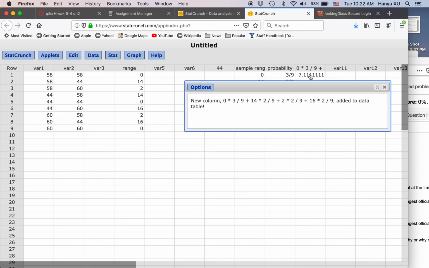So this will give you 7.11, which is shown as a new column here. So this is actually the mean of the sample range. So the mean of the sample range is this number.